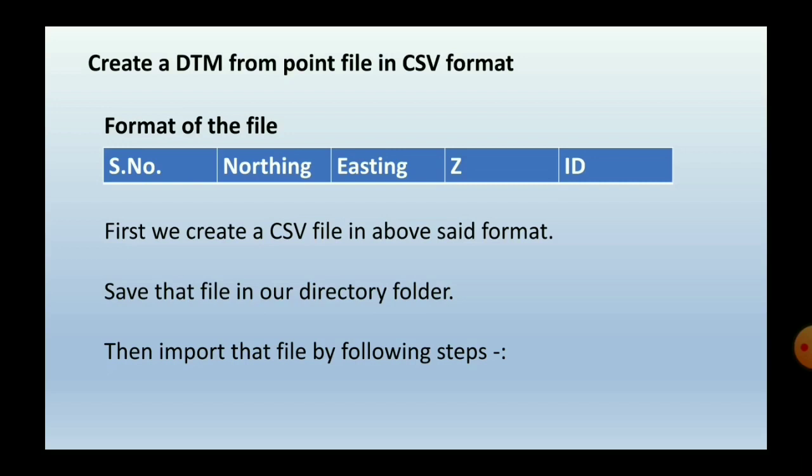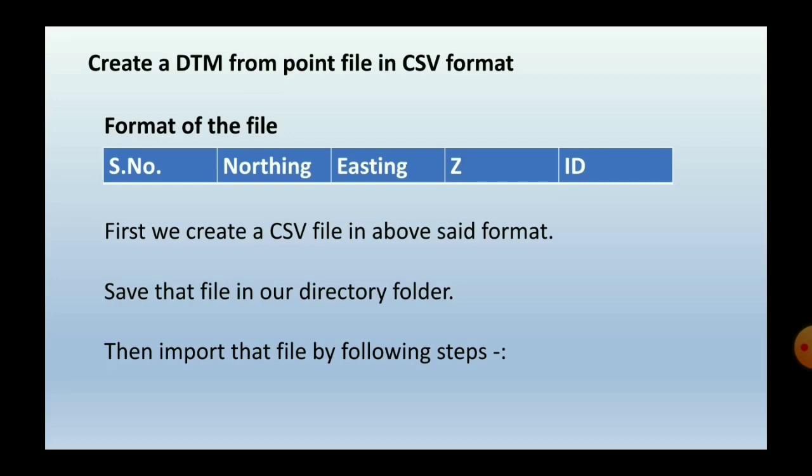Actually, what format we should have for that point file which we have to import. So the format is: first column is series number, northing, easting, Z and ID.